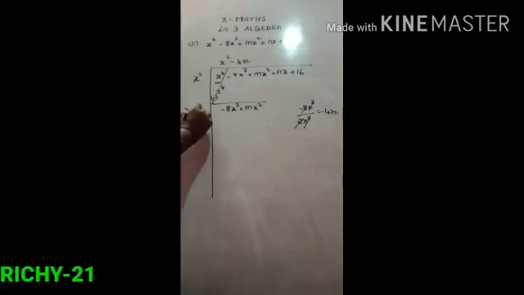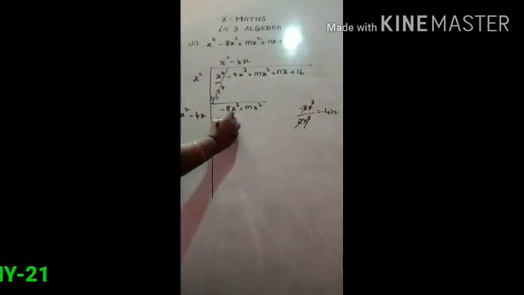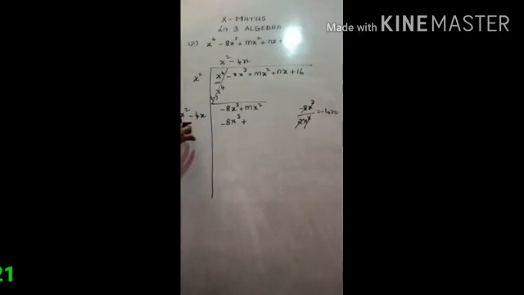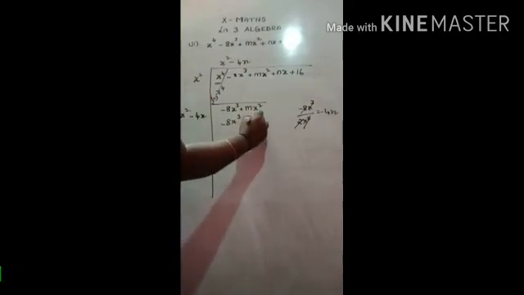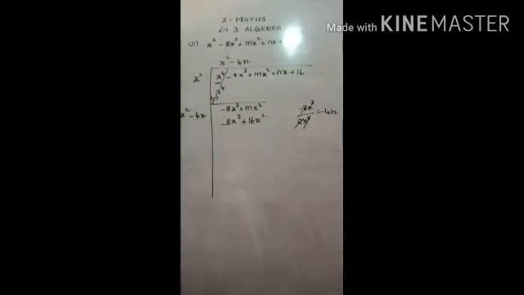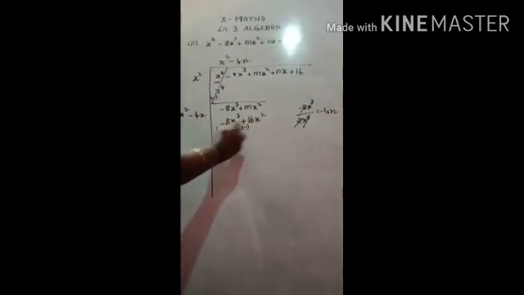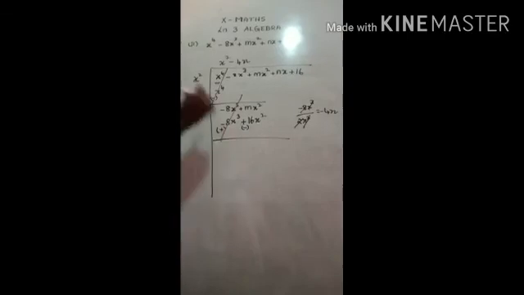So multiply into the 2 expression, we have minus 4 into 2, minus 8x cube, then plus, minus into minus plus 16x square. So now change the sign, here plus, here minus. So the first expression cancels.